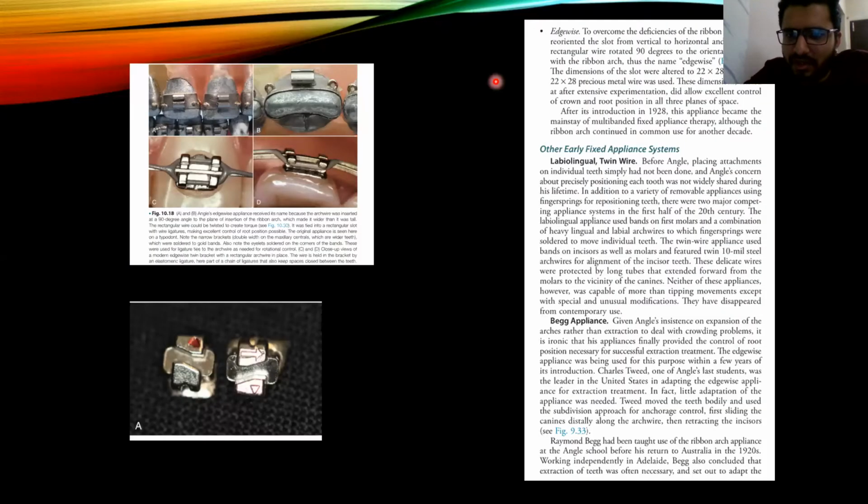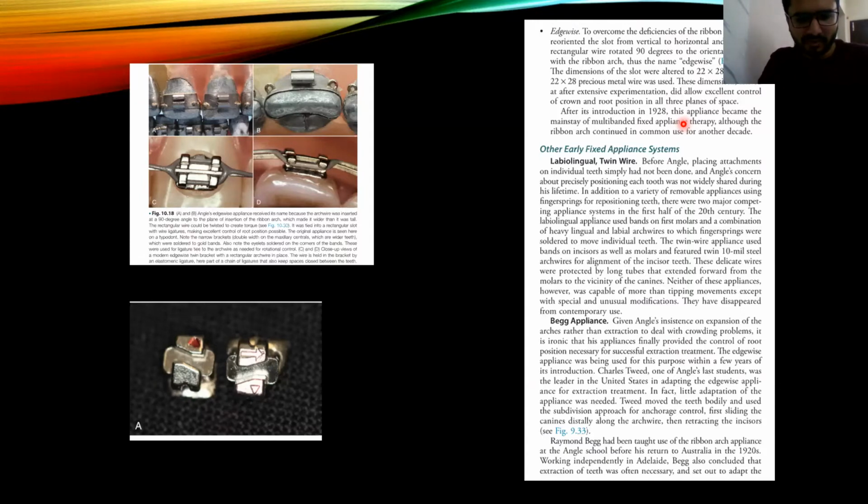Just remember that your modern edgewise appliance or pre-adjusted edgewise appliance has a 22-28 slot. This is very frequently asked. 22-28 slot, your modern brackets, whatever you're using now. It can be written like this. Edgewise slot is this.